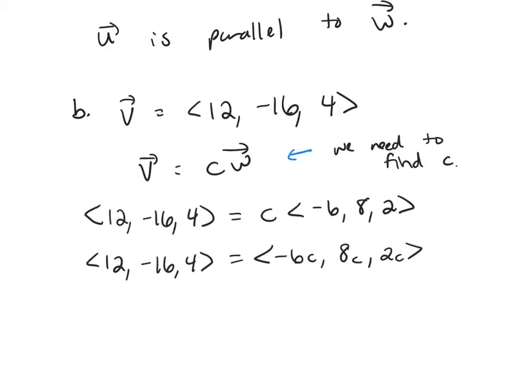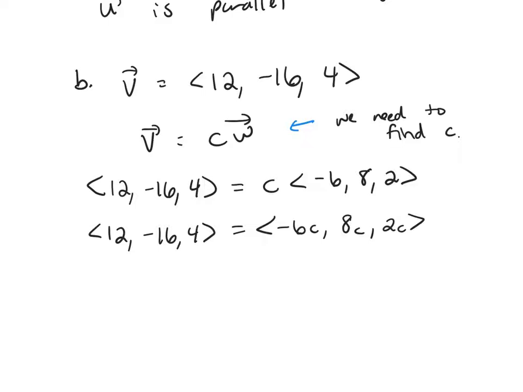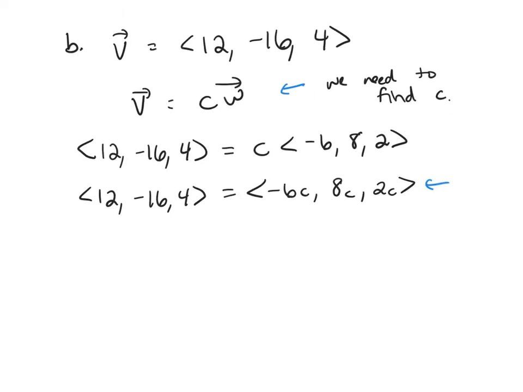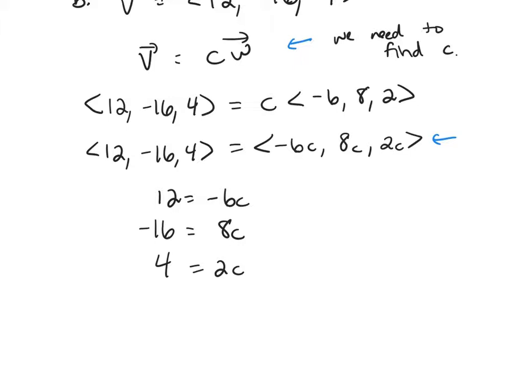Well, this equation says that these two vectors are equal. The only way that's possible is if all their entries match up. So 12 has to be negative 6c, negative 16 would have to equal 8c, and 4 would have to be 2c. And let's look at these equations here and solve.